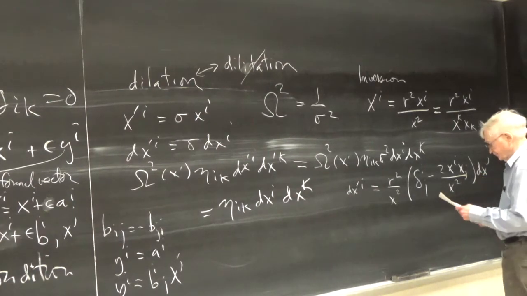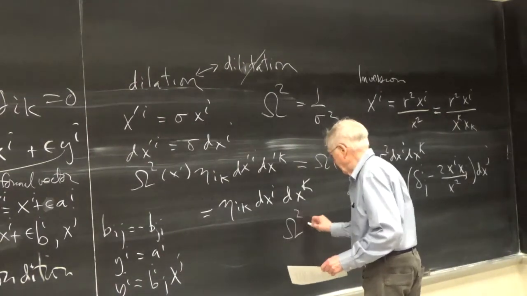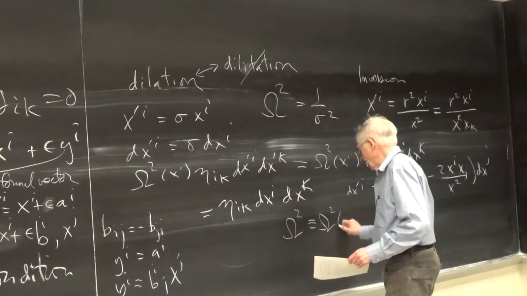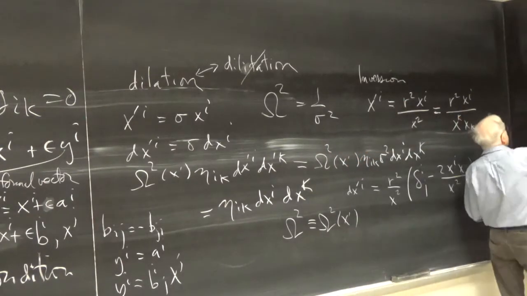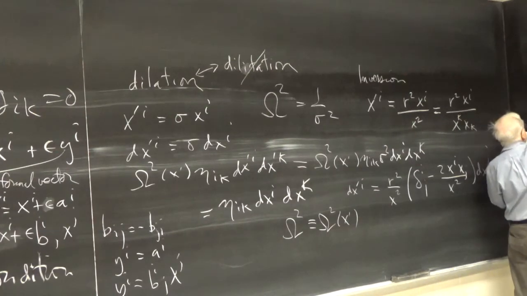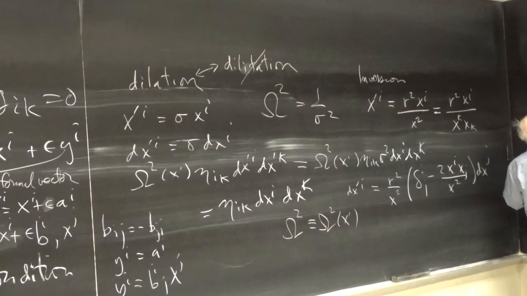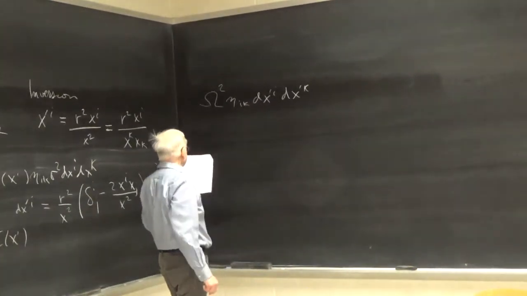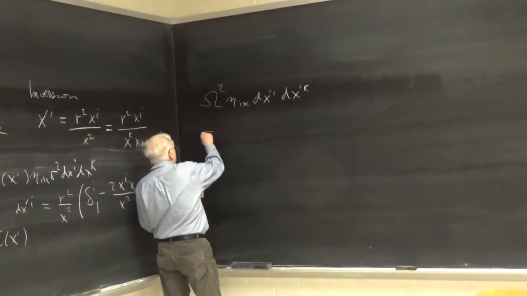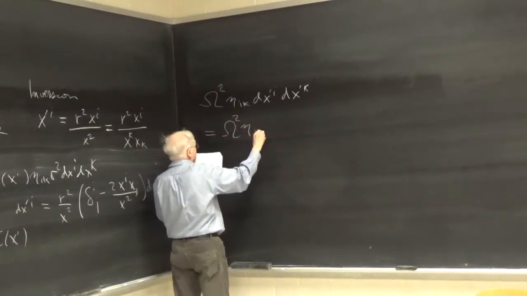And if I just write omega squared for omega squared of x', just to save some chalk, then the conformal condition is omega squared eta_ik dx'^i dx'^k. It will be equal to omega squared eta_ik.